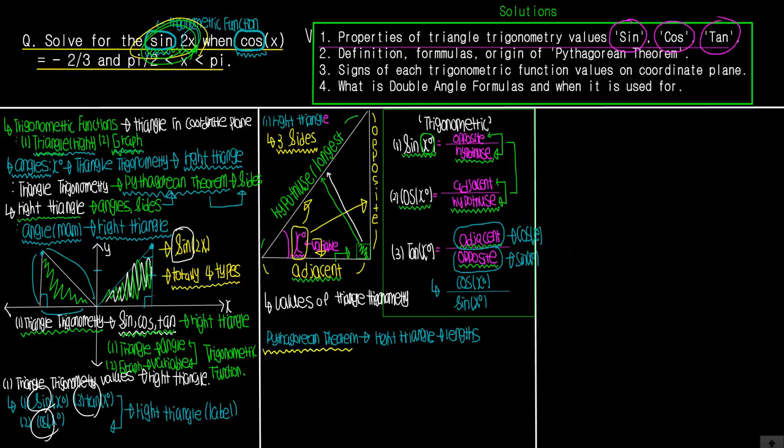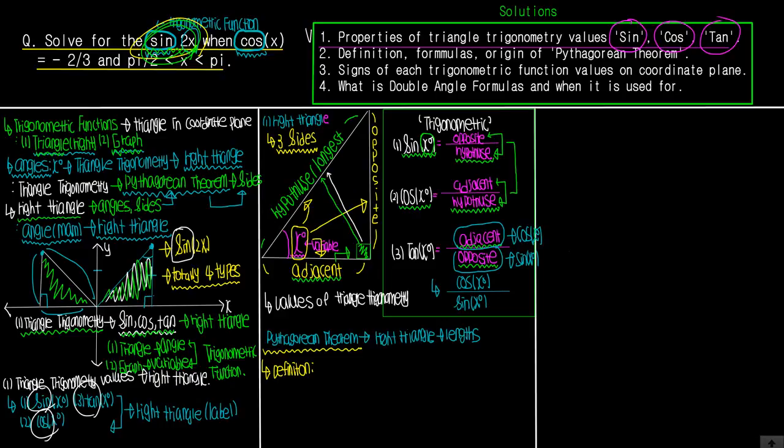It is also the most important theory in our triangle trigonometry, because it is the thing that originated triangle trigonometry. So before we apply it, let's think about the definition first.